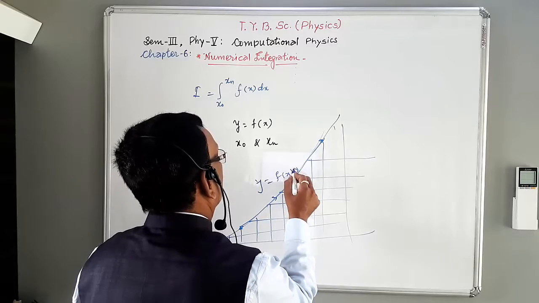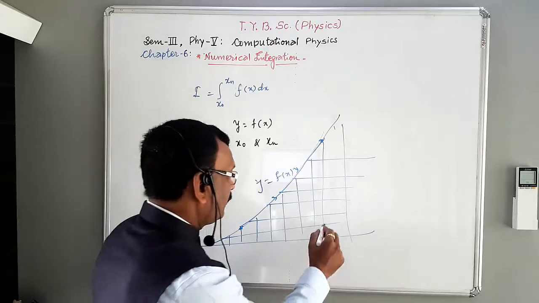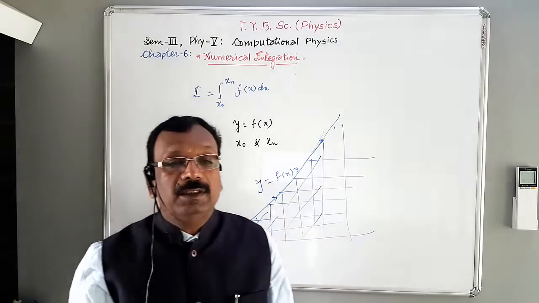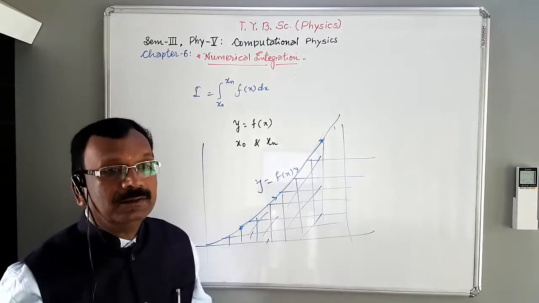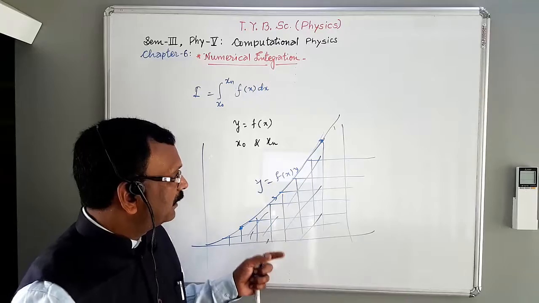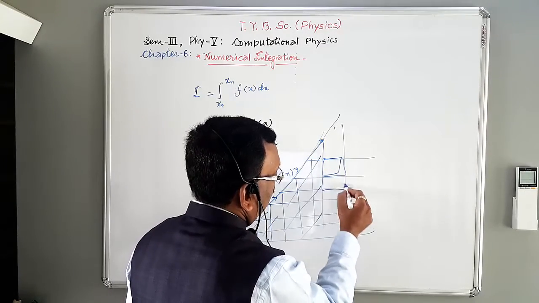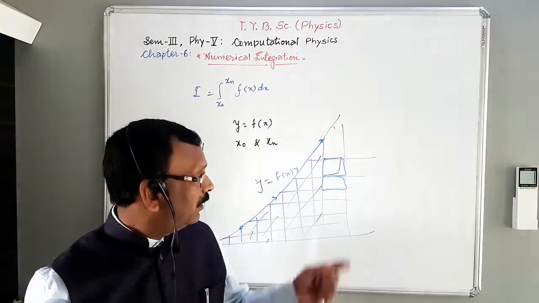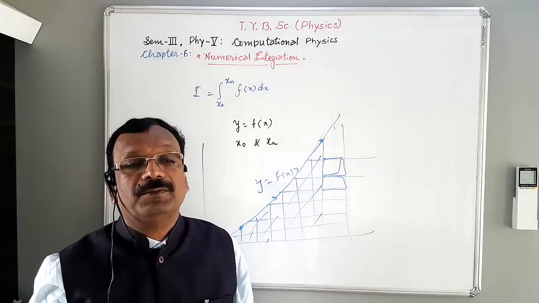The area under this function can be determined by plotting the function on graph paper containing grids. These are the grids. And then finding the number of grids under the desired boundaries.